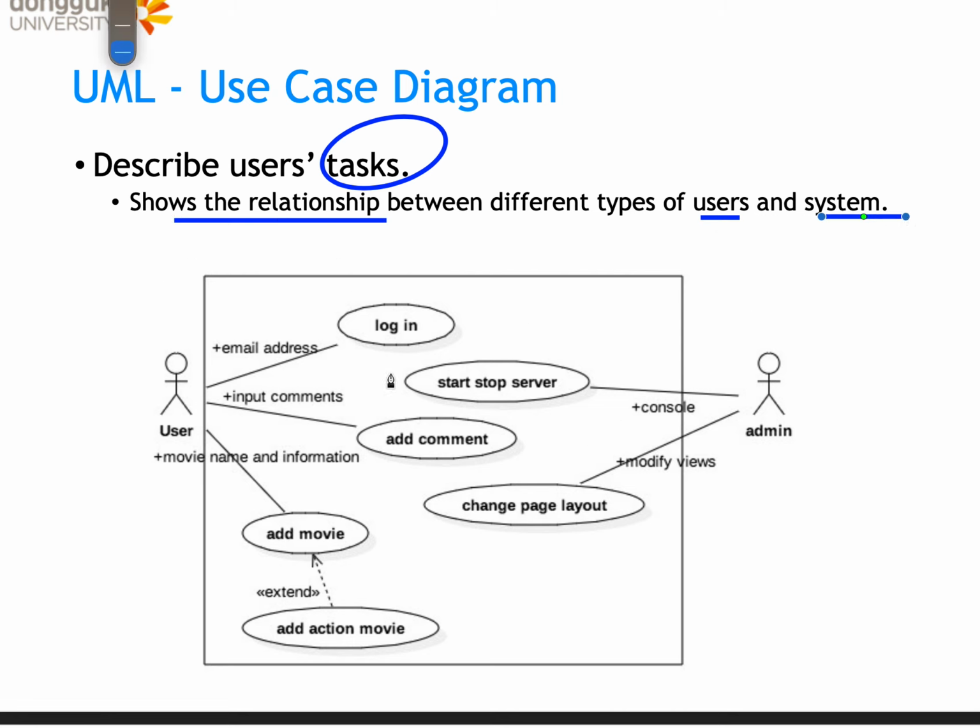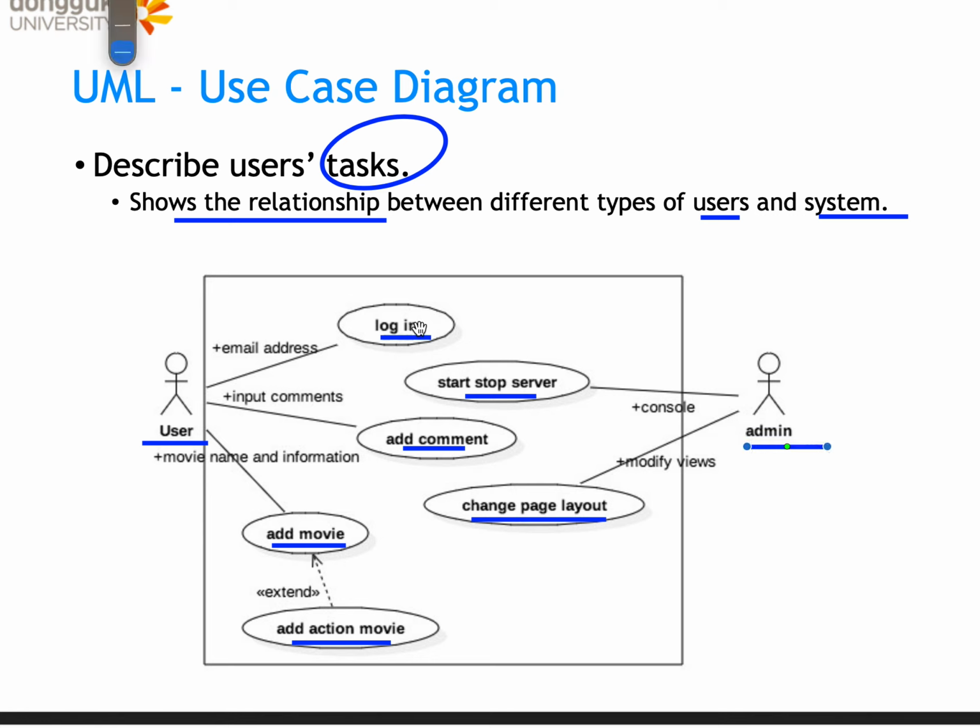So in this case, the system has several functionalities like login, start server or stop server, adding comment, movie, action movie, change page layout. There are several functionalities, and some functionality is associated with the user, and some other functionality is associated with the administrator.